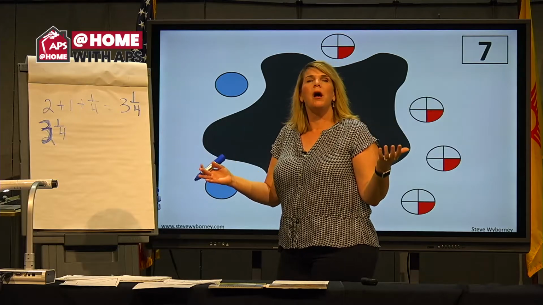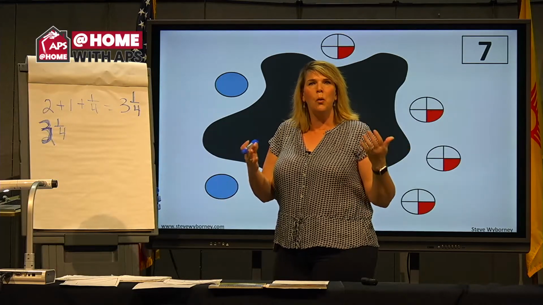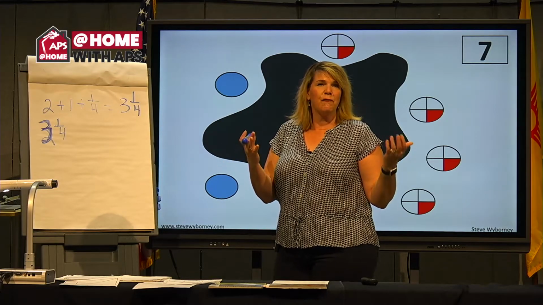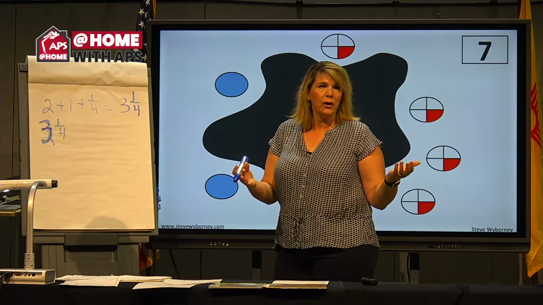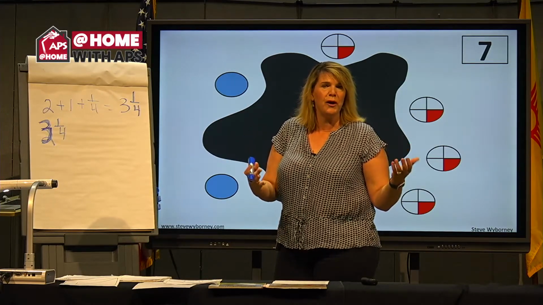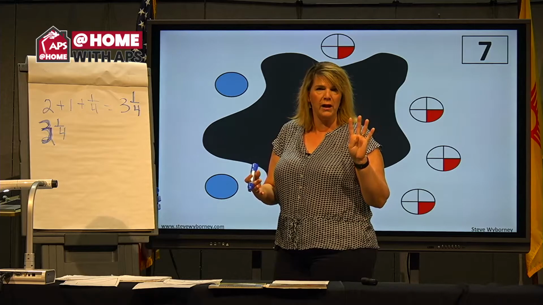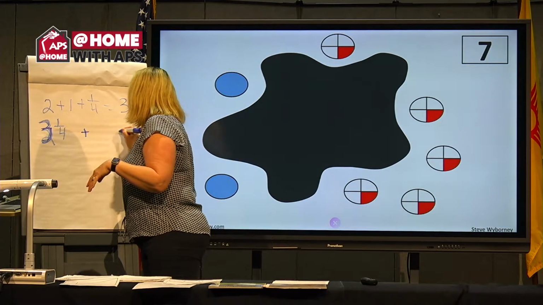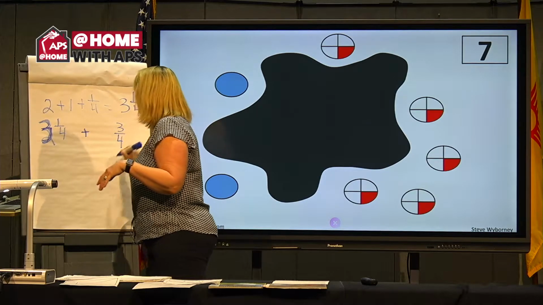Oh, remember we were talking about this before. As long as we have that 4 in the denominator, we just need to have another 4 in the denominator and then add those numerators so that we have 4/4, right? All right, so I know I'm going to need at least 3/4, okay?